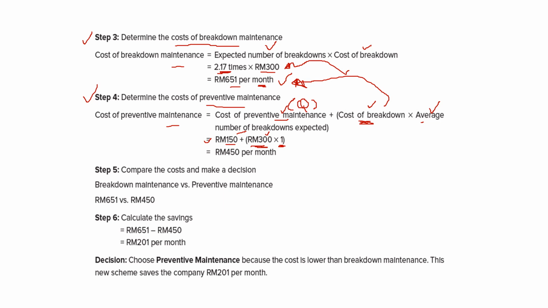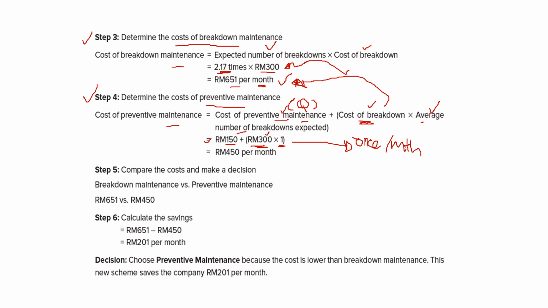At the part where if the company switch to preventive maintenance, the breakdown will still occur, but it will reduce to once per month. Ada perkataan once per month. So this is where number 1 derived from. Okay, once per month. So you cari dalam soalan.